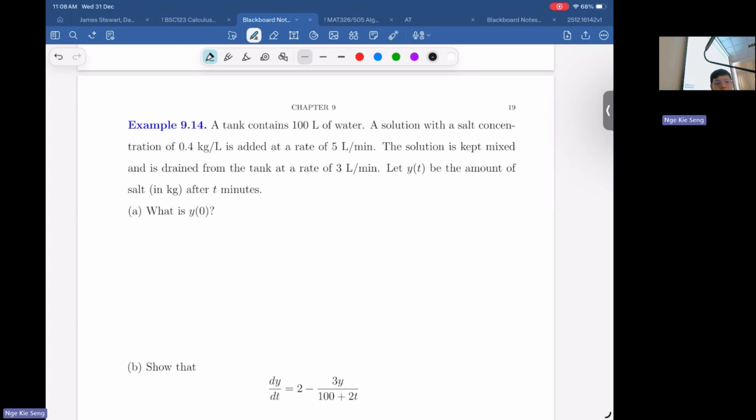Yeah, we also had a first order equation before. But here we have something more complicated. Previously there was just a constant in front of y. Now we got a variable t here. Let's see how we get this.